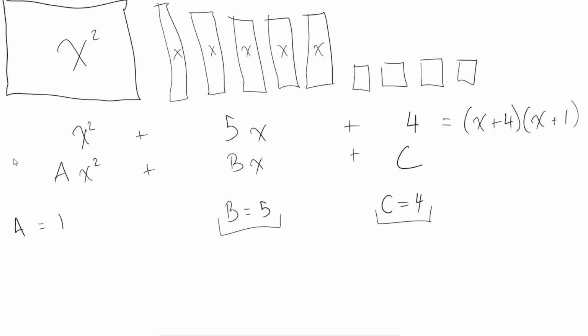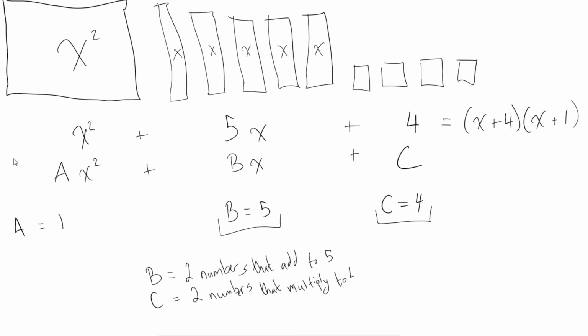And then my factors tell me that b is equal to 2 numbers that add to 5, and c is equal to 2 numbers that multiply to 4.